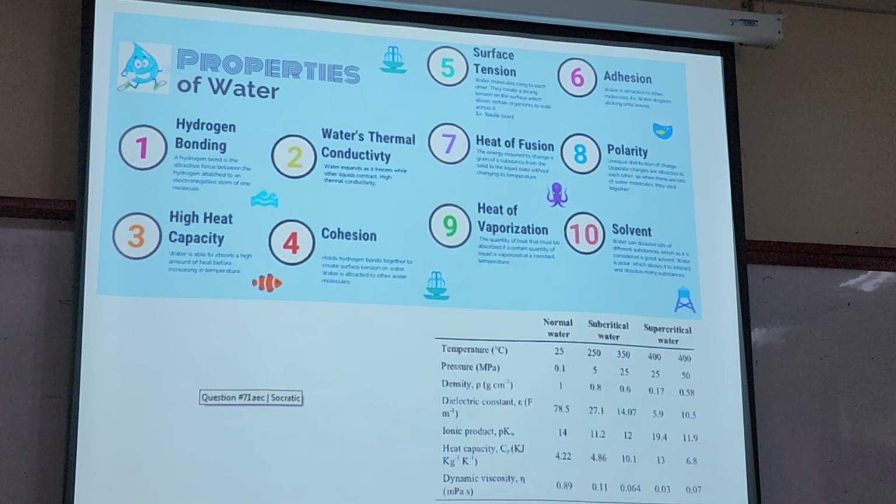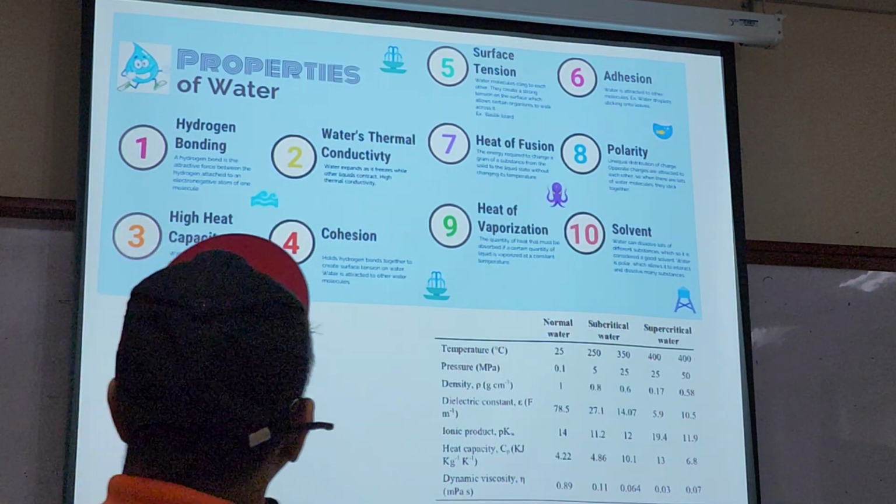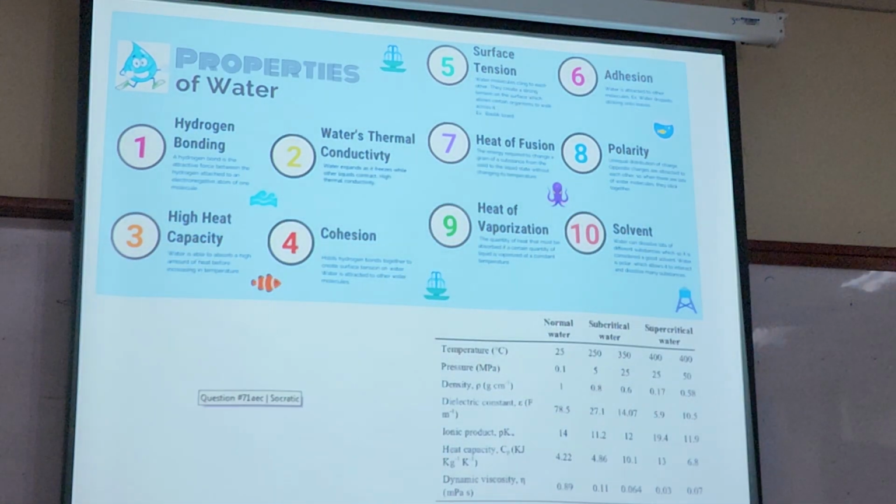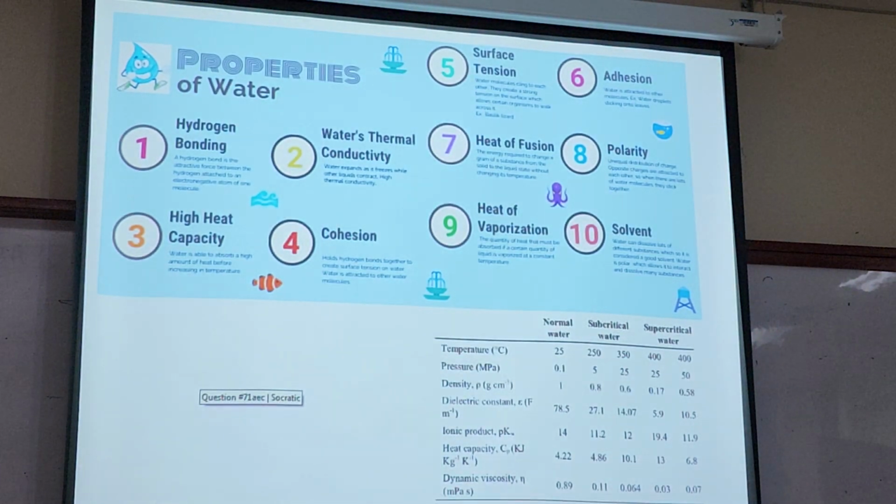What about water? So these are the common properties of water. I'm not saying this is an exhaustive list of water properties. There are many more. But these are the properties of water. Let's see. So water got hydrogen bonding, means that water can become a universal solvent. Because in the water molecule, you got the electronegative part and then a bit more positive part.